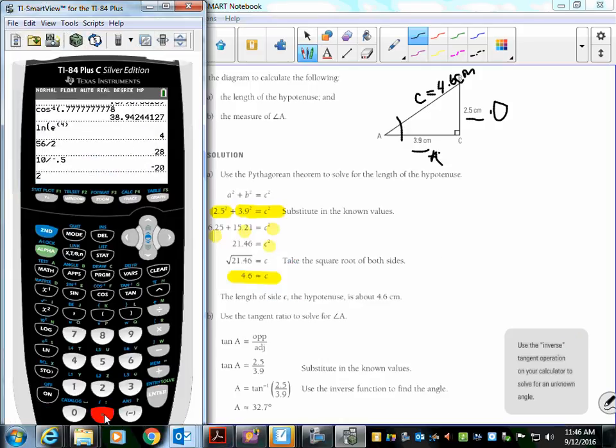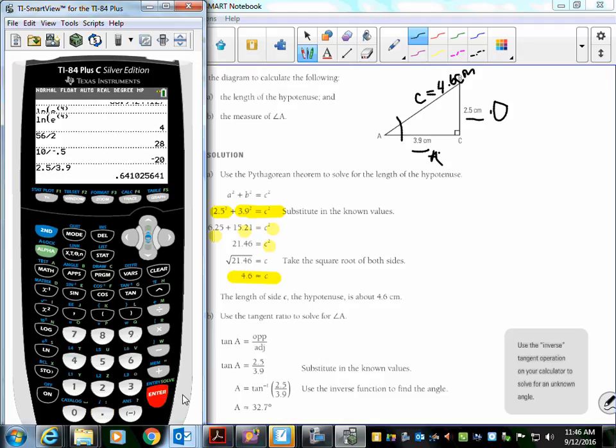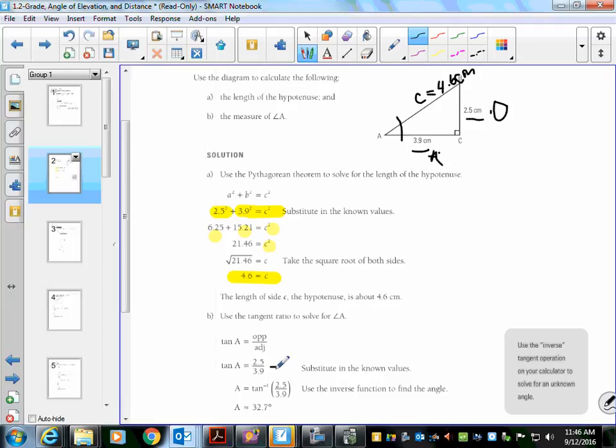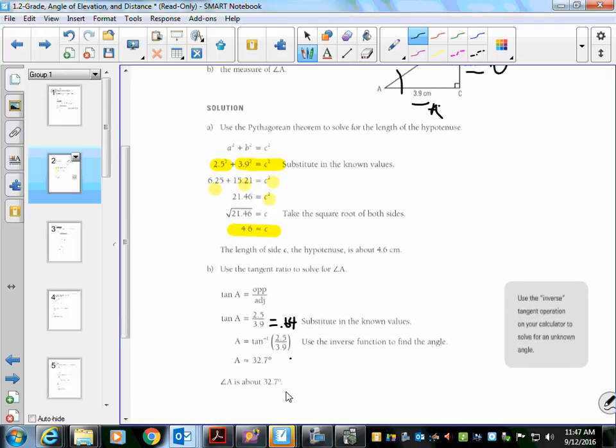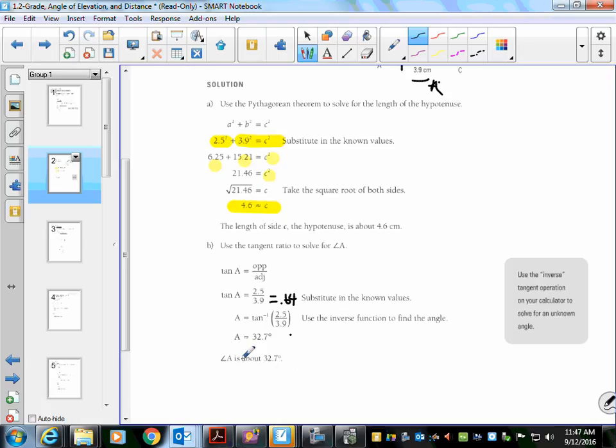If I write 2.5 divided by 3.9, I know that tan A is equal to 0.64 or something. How do I get A alone? I hit second tan and then second answer. That carries the 0.64 all the way down, and I get 32.66, which is about 32.7 degrees. So angle A is about 32.7.